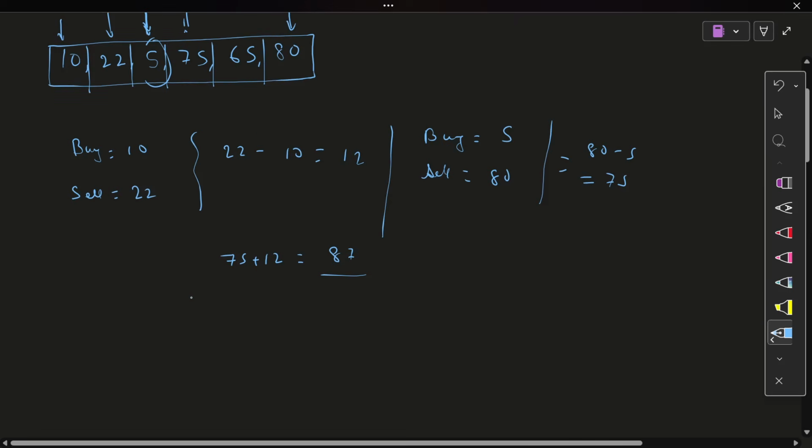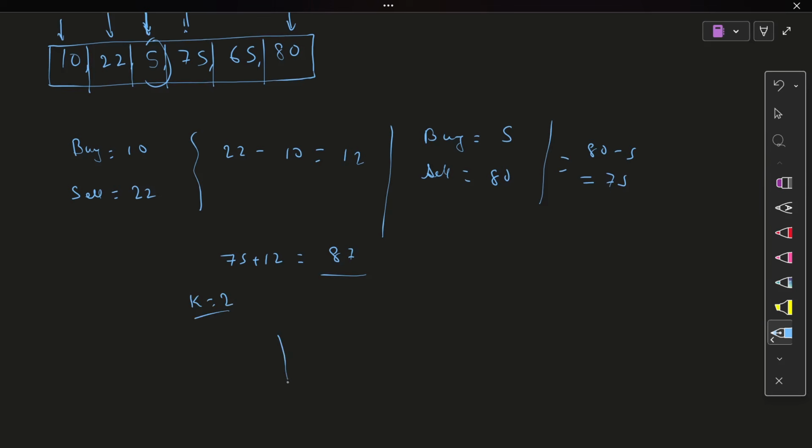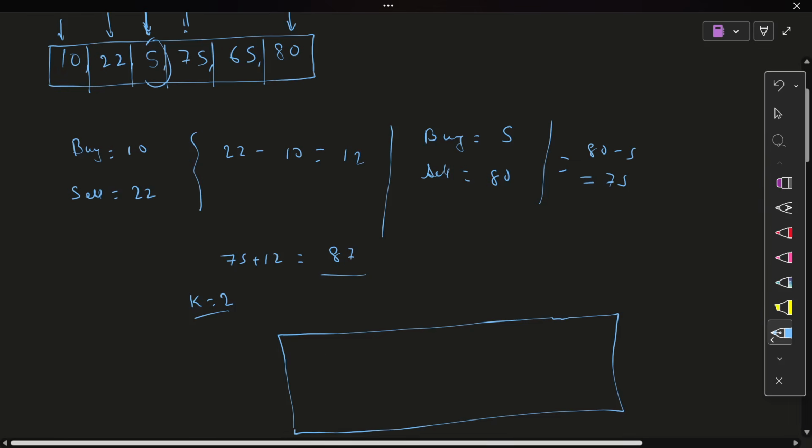Suppose the number of transactions given is 2. So first we will create a 2D array. This is very important: if you get k number of transactions, create a 2D array and mark it here, and you will get the answer easily.